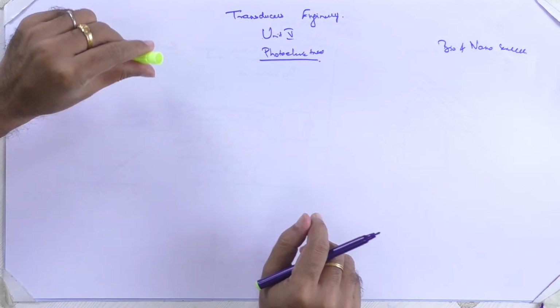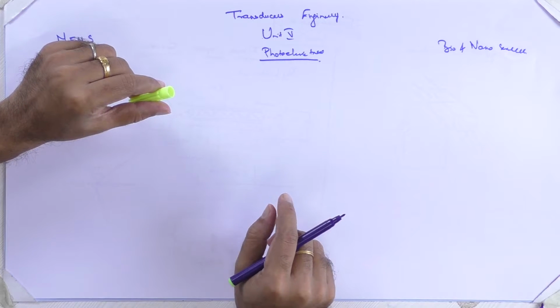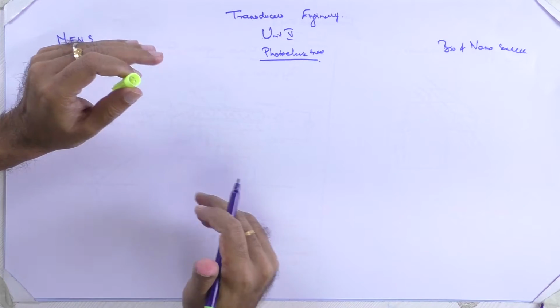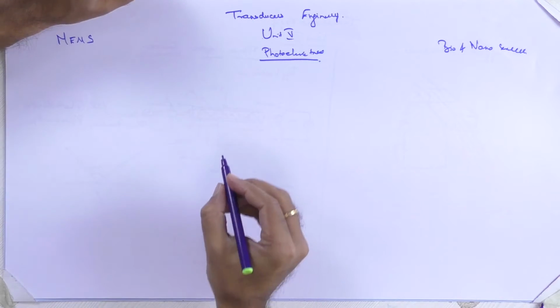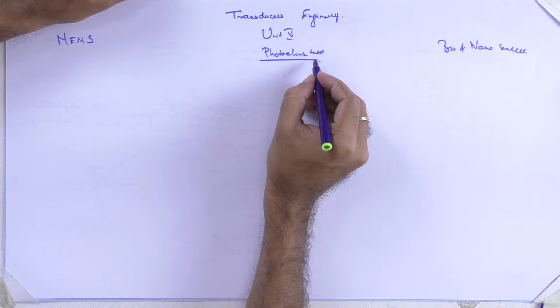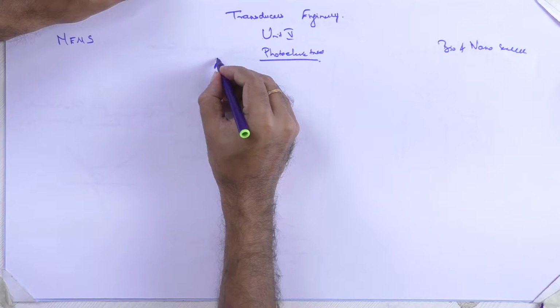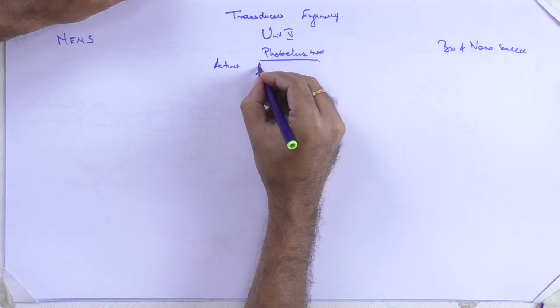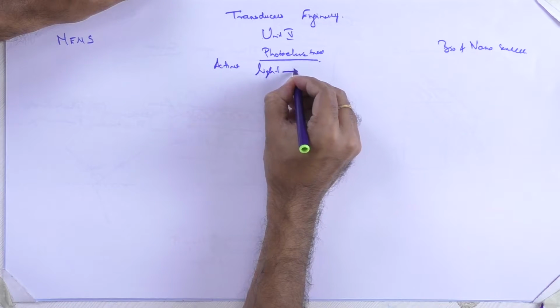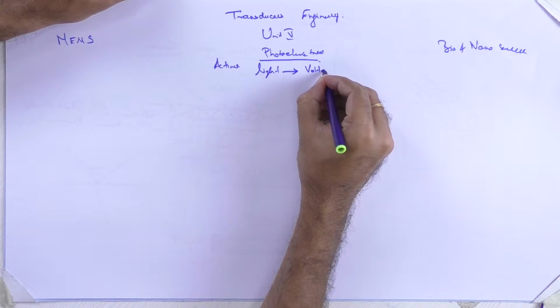Just recall your previous experience in fiber optic sensors. We have been introduced to the photoelectric transducers in the manner such that it is an active transducer which converts light energy to voltage.